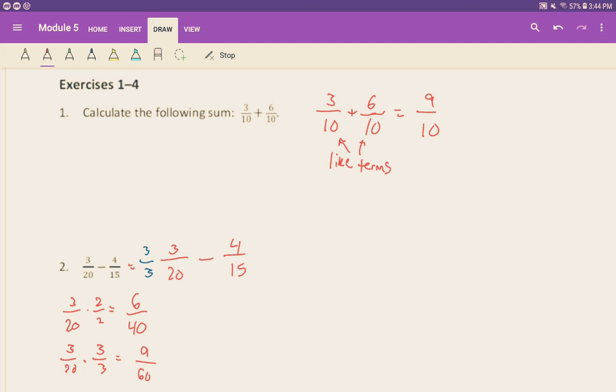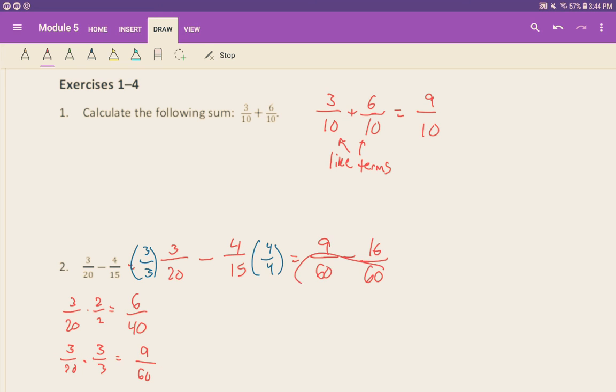So we'll multiply this fraction here by 4 over 4, because 15 times 4 will also give us a 60 in our denominator. So 3 times 3 will be 9. 3 times 20 will be 60. 4 times 4, 16. 15 times 4, 60.